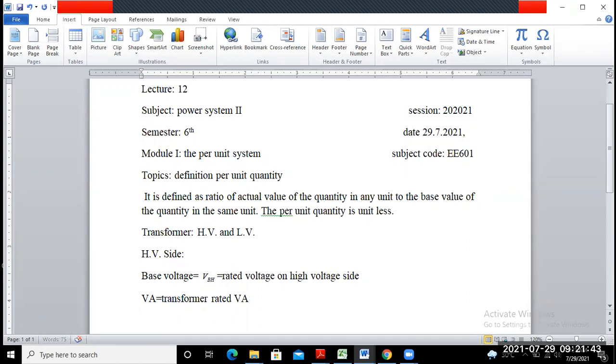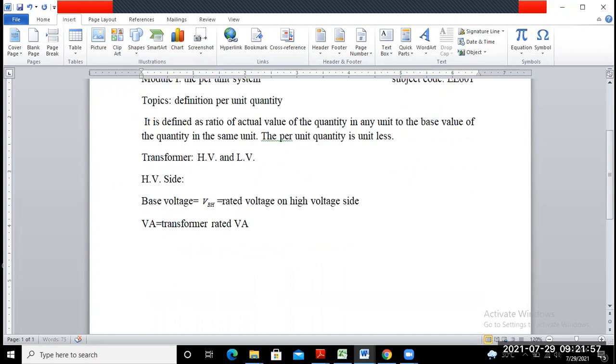Now, if you want to find the base current, it is represented by I suffix BH, the base current on the high voltage side. So write here the base current, represented by IBH, for the base current on the high voltage side.